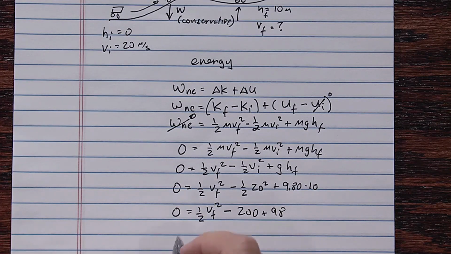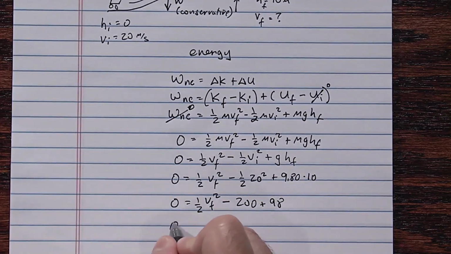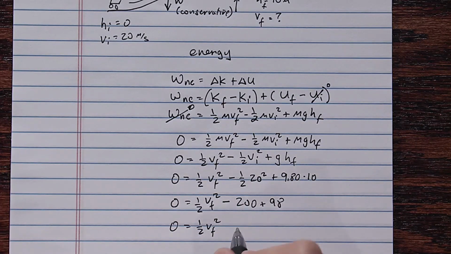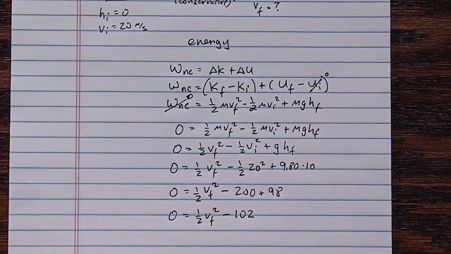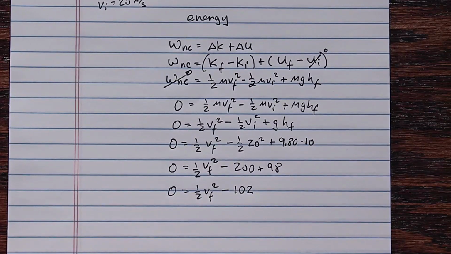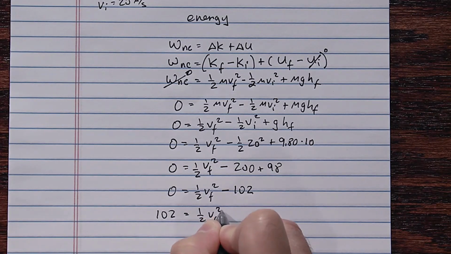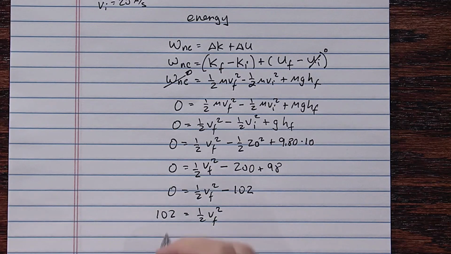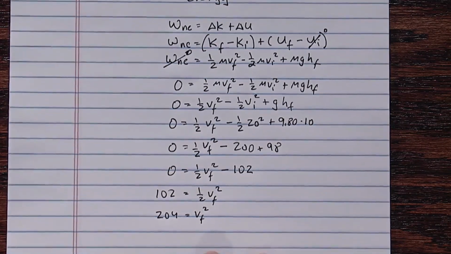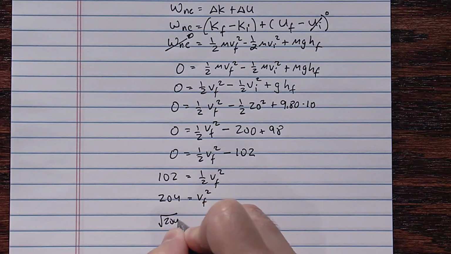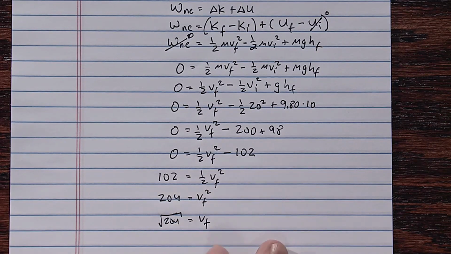And so 0 is 1/2 v final squared minus 200 plus 98 would be minus 102. Now I will add 102 to both sides. I have 102 is equal to 1/2 v final squared. I'll multiply both sides by 2. 204 is equal to v final squared. So the square root of 204 is equal to v final.